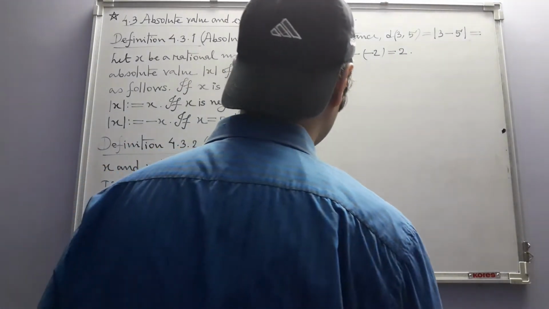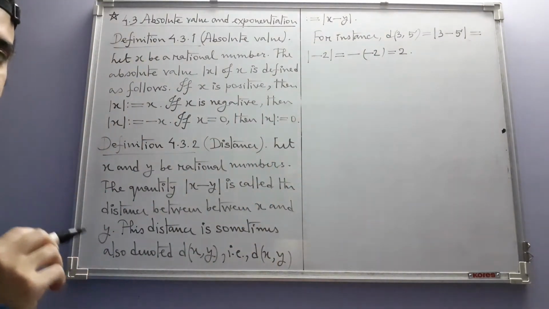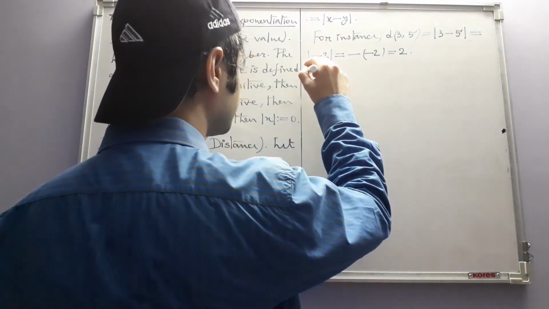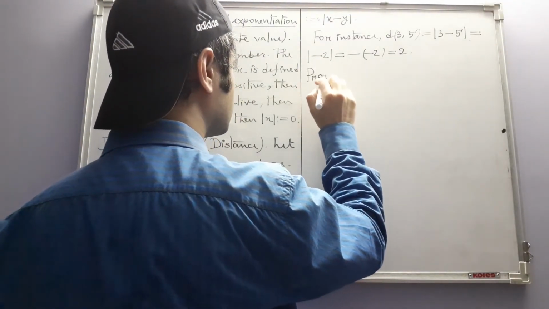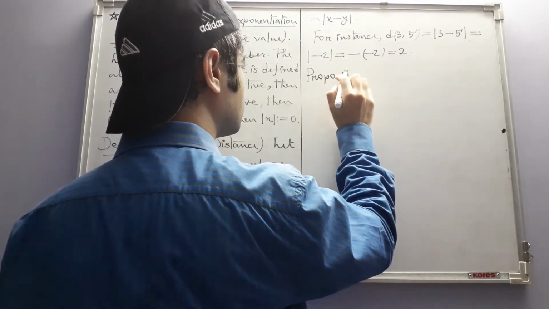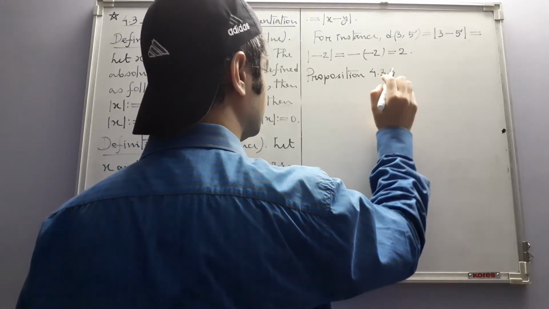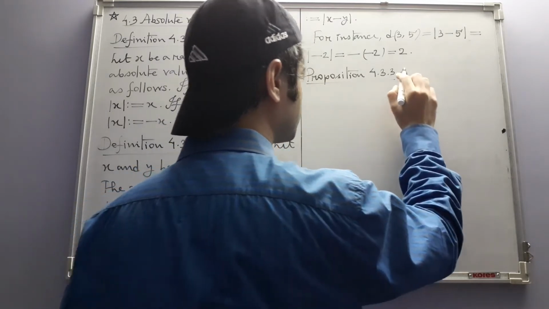Okay, now we are going to look at some basic properties of absolute value and distance. So this is proposition 433.